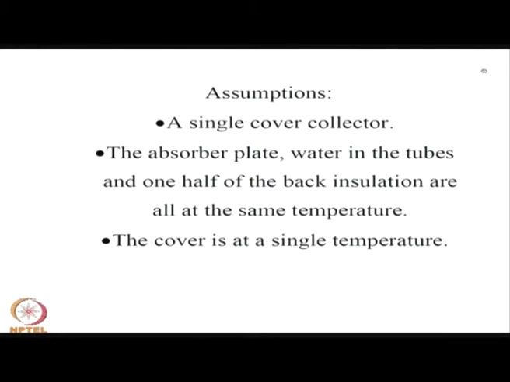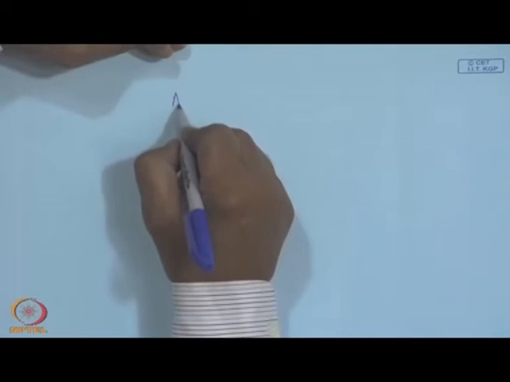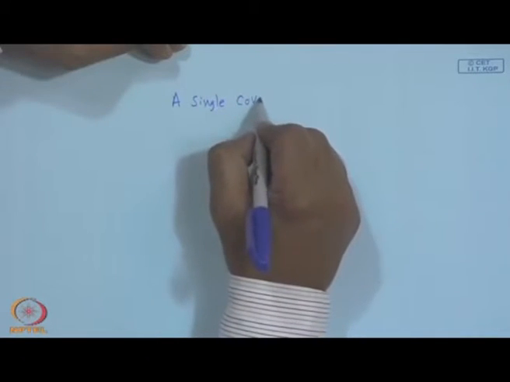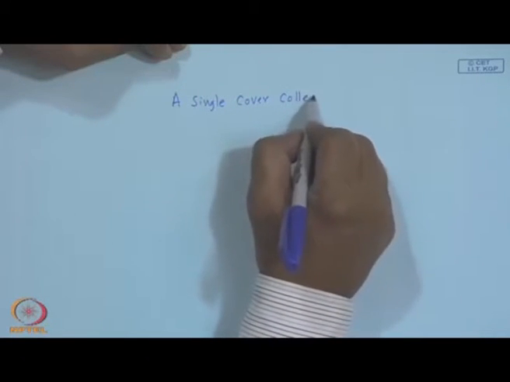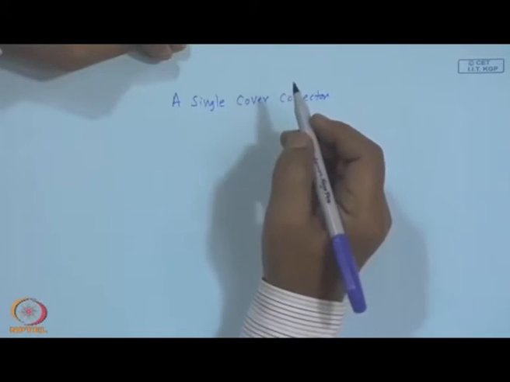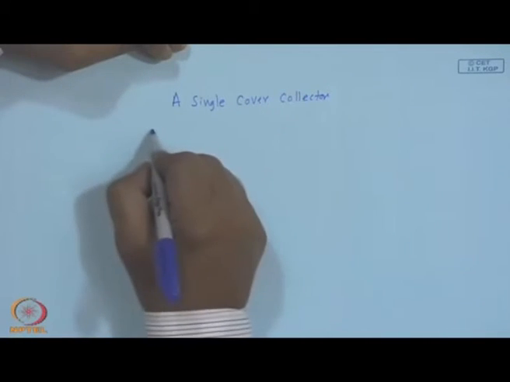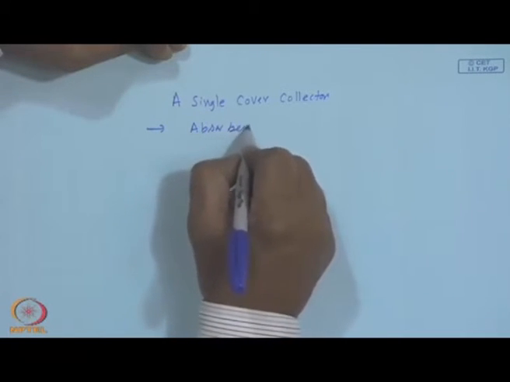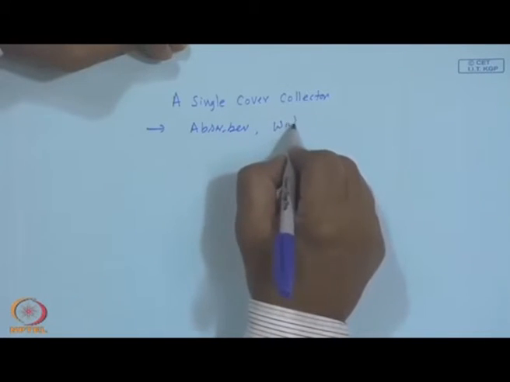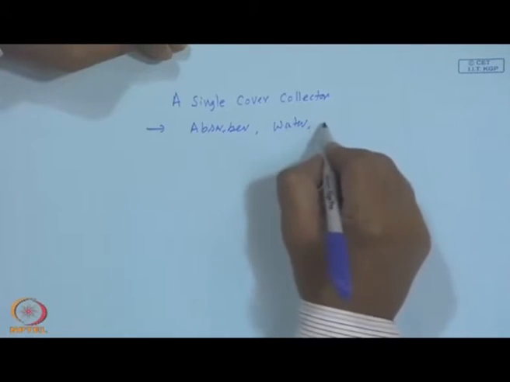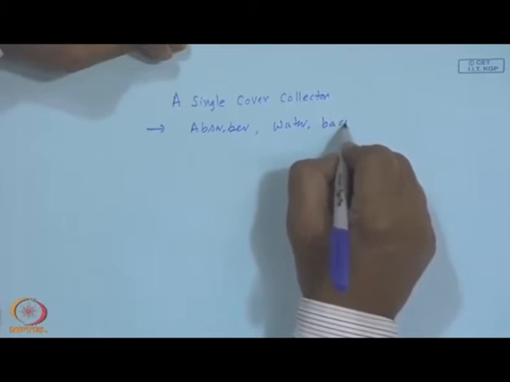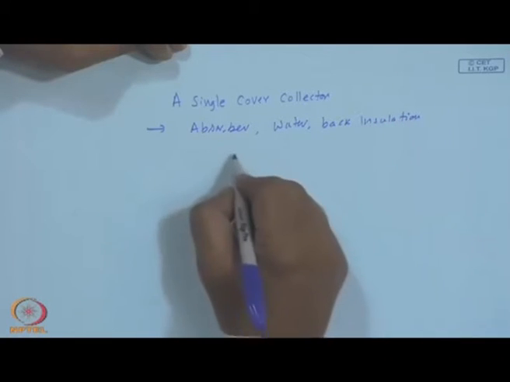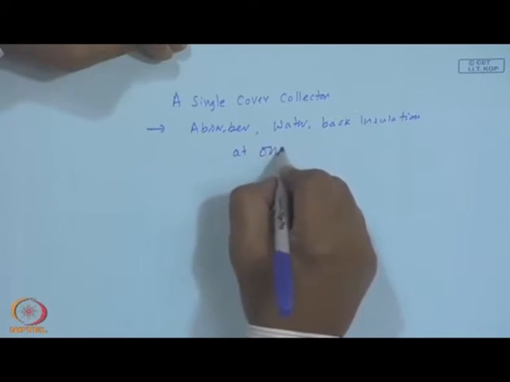So, we assume a single cover collector, then we lump the absorber, water in the tubes, and the 1/2 of back insulation to be at one temperature.